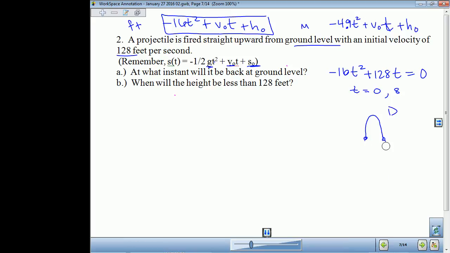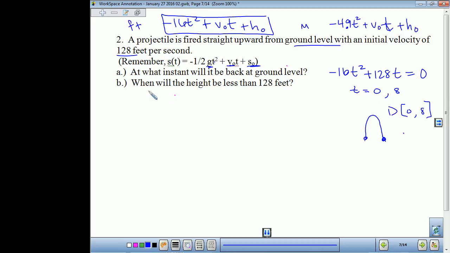No. So the reasonable domain for this function is from 0 to 8, from 0 seconds to 8 seconds. Time before 0 seconds makes no sense, and time after 8 seconds wouldn't actually apply, because if it's at the ground at 8 seconds, then it's not going anywhere. Okay, so here's my reasonable domain.